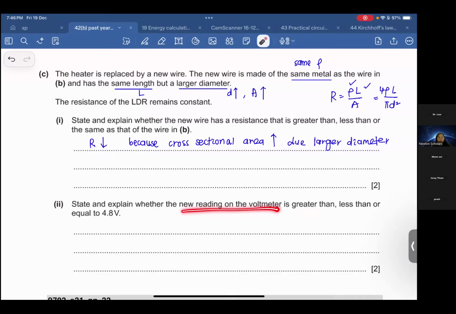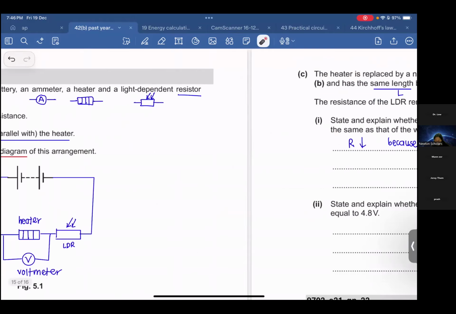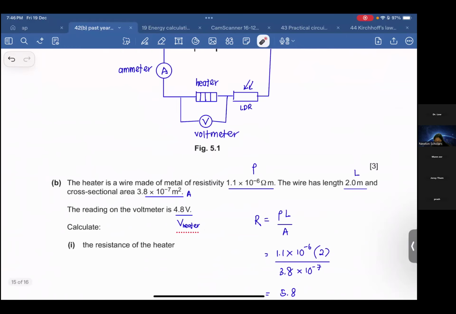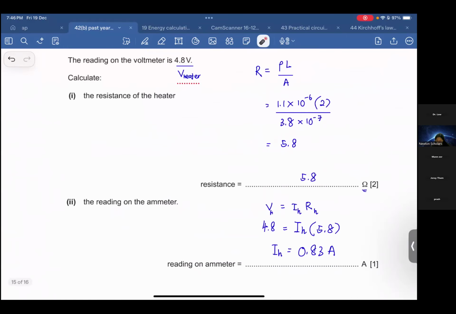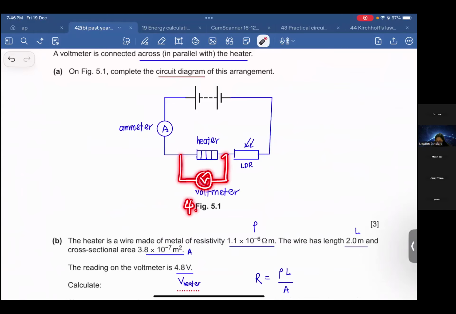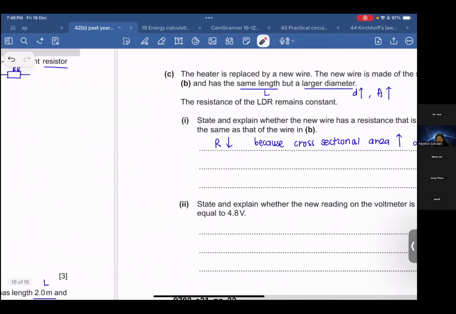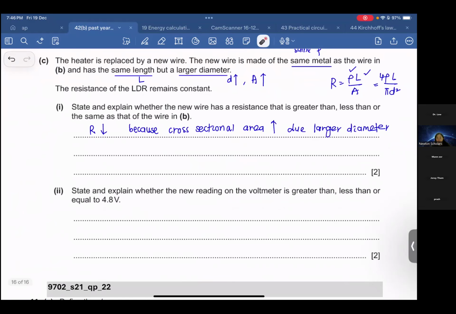So right now your new reading on the voltmeter will be greater than, less than, or equal to 4.8, because just now they told you the voltmeter reading is 4.8 volt. Now I change the heater wire, so right now you have to think.